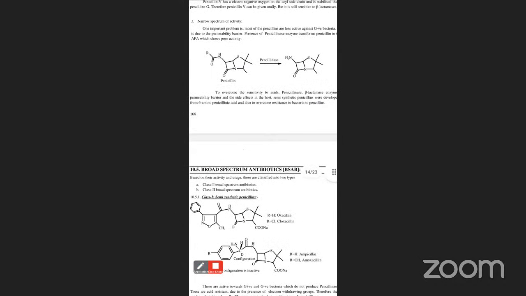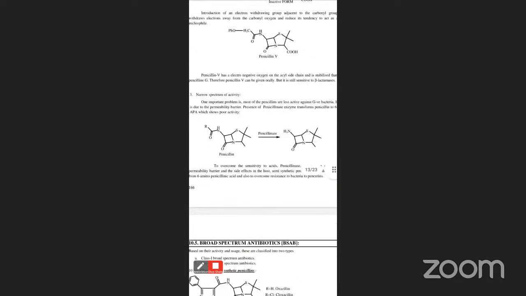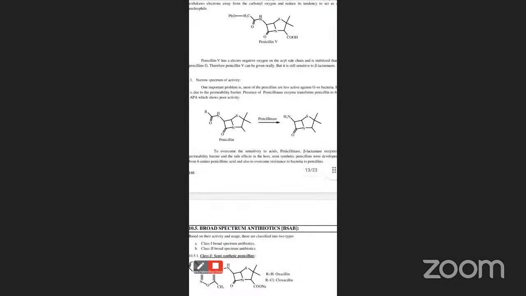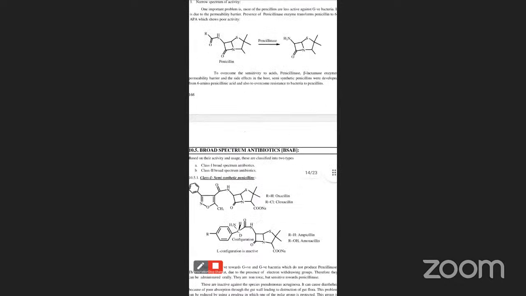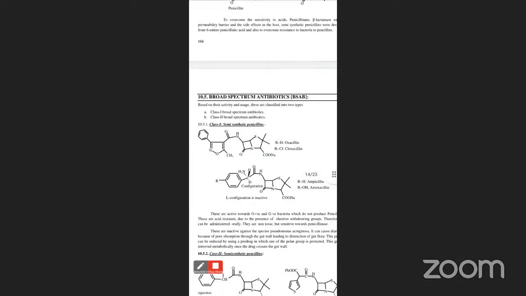So by reaction with the acid, the beta lactam ring is going to open and it becomes inactive. So to prevent this inactivity, to prevent this beta lactam ring opening or cleavage, we are making that penicillin acid stable by substituting different bulky groups.